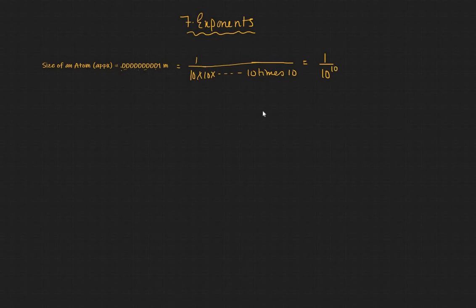So that means that I have multiplied 10 times, right? Or I can write this as 10 power minus 10 meter. So this is a much easier way to communicate to somebody.